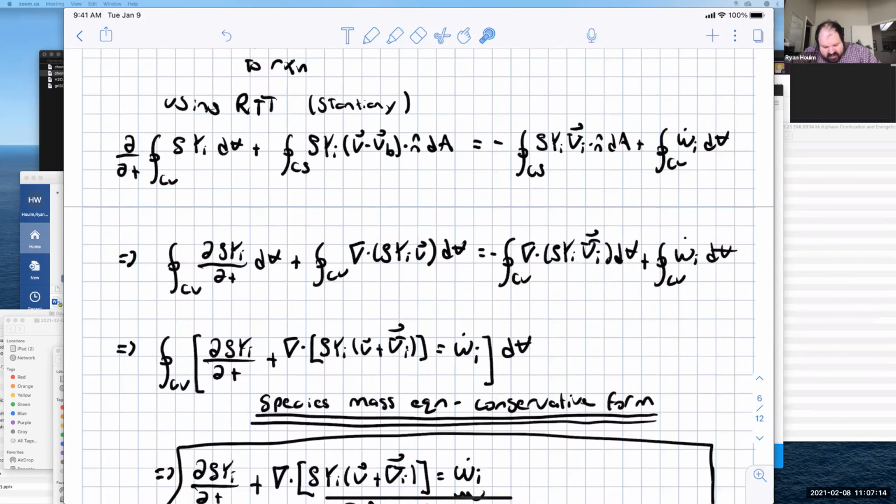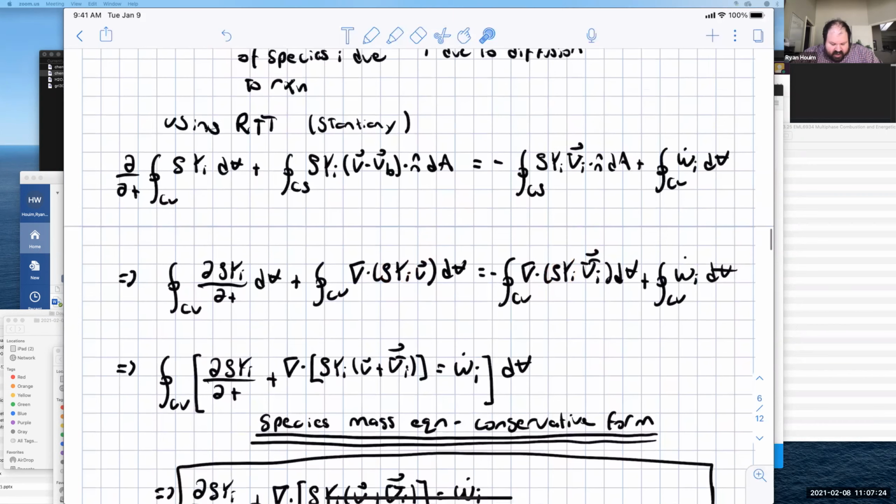Since these two terms here have a common rho yi, I'm going to take this and move it into a common term here. If I do that, I wind up with the volume integral of this expression here. And then again, we have to play the same game to make this true.